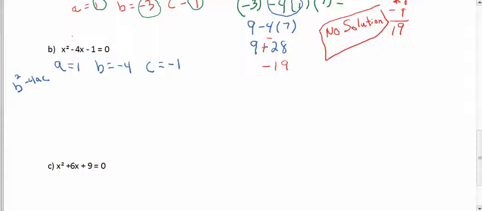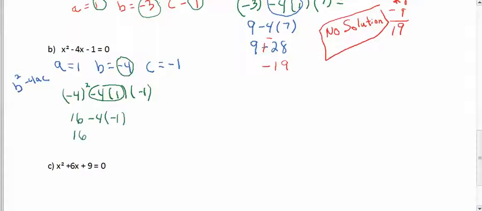So I'm going to say -4 squared minus 4 times 1 times -1. -4 times -4 is +16. Then -4 times -1 is +4, and that equals 20.